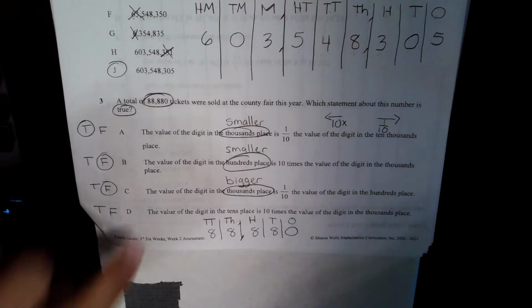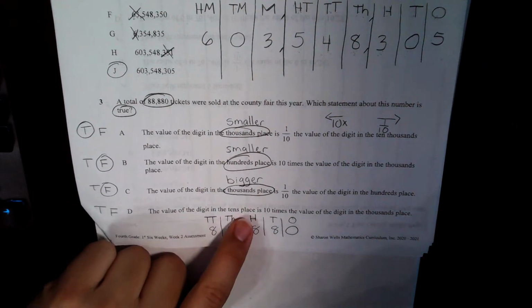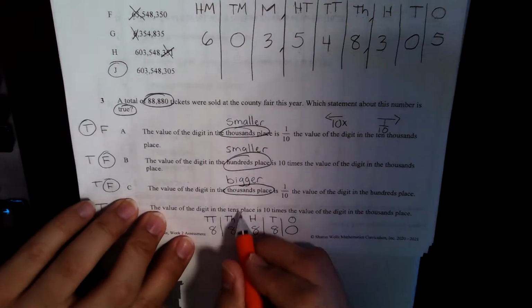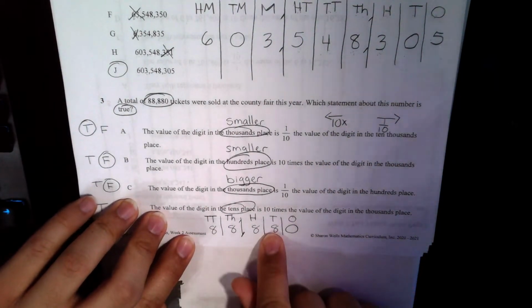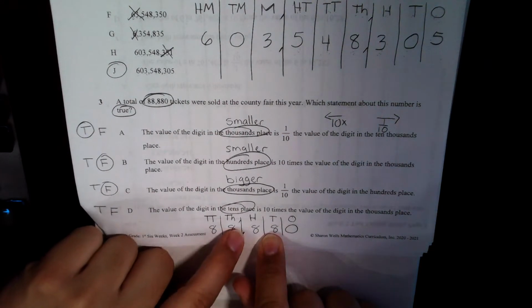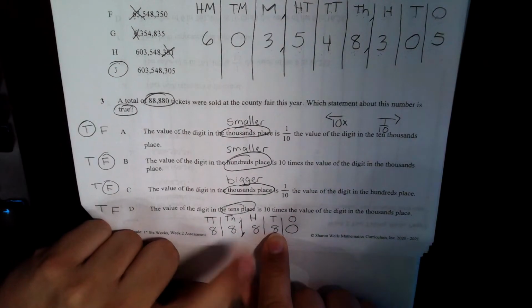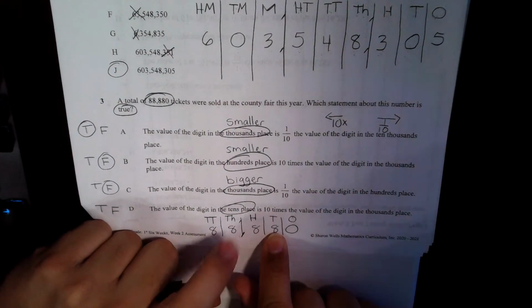Okay? Answer choice D. The value of the digit in the tens place is 10 times the value of the digit in the thousands place. Who can tell me, the tens place, is it the bigger place value or the smaller place value?